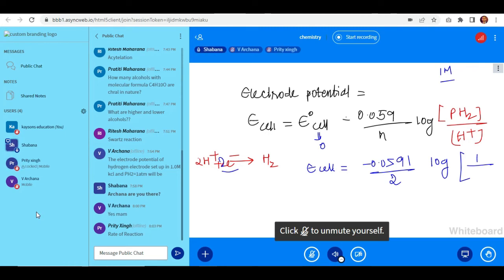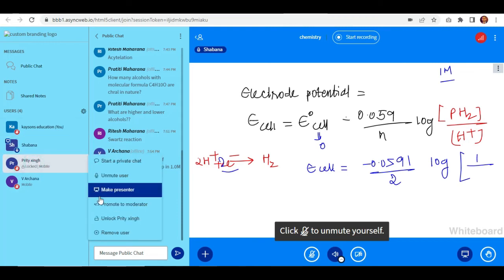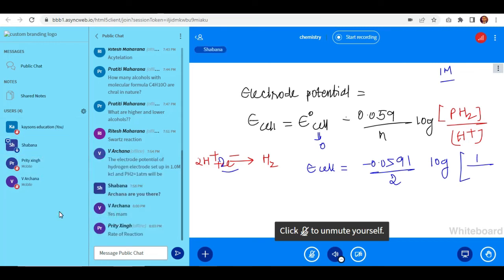So no pH, anything is given to you. Is any pH value in the question? No, ma'am. I think they must give you H plus concentration, otherwise we cannot substitute anything.